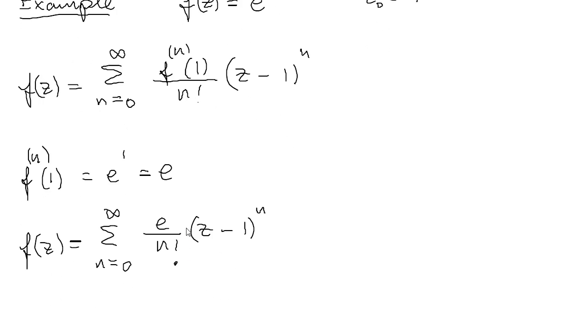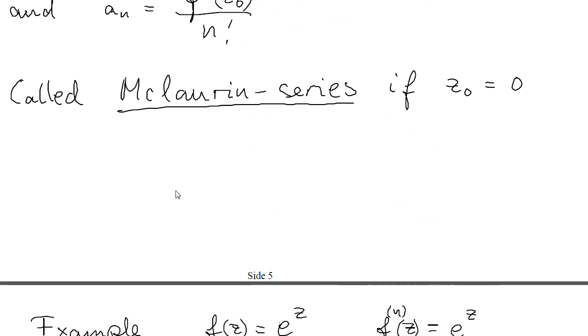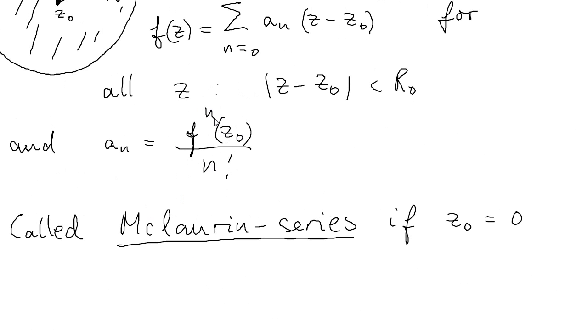So now we're replacing in the general formula. Let's go back and just recall. This is the general expression for this an, and now we have that this is equal to the exponential function of 1, divided by n factorial.